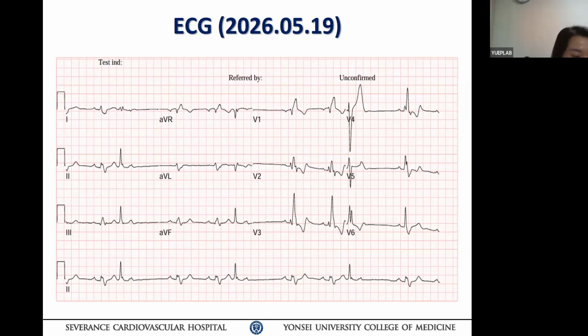I don't think it will be pacing. I'm not sure why the PVC is narrow. Because the underlying one is a right bundle branch block. No, I'm not sure why the ectopic beat is narrow.